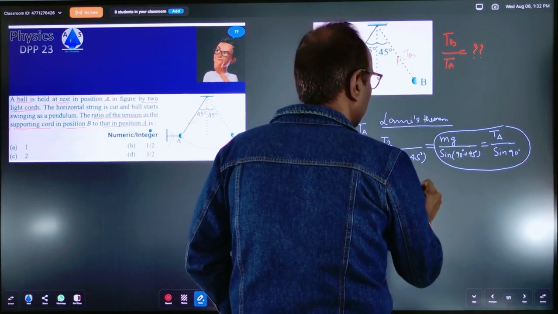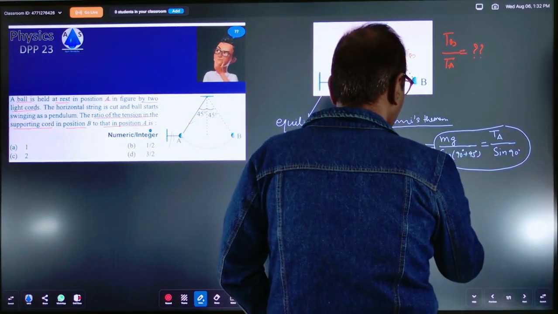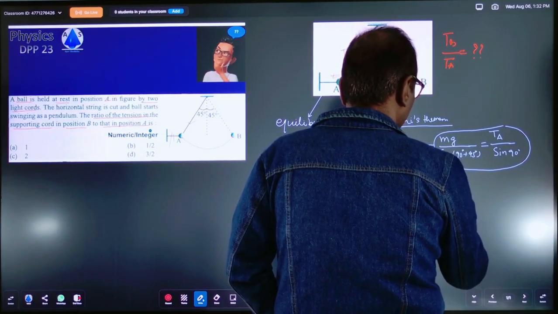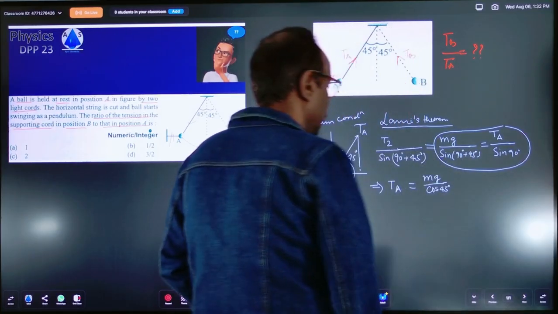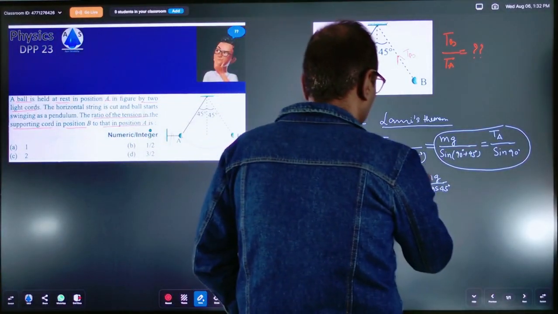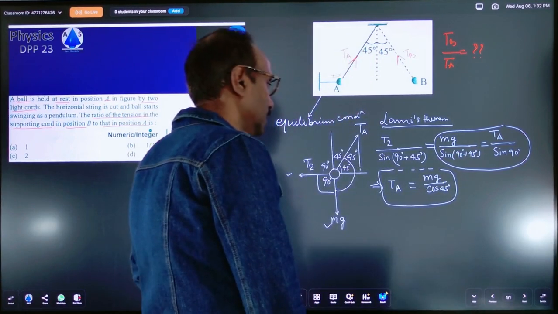TA is equal to mg by sine of 90 plus 45, and you know it is cos 45 degree. So you have TA now in hand.